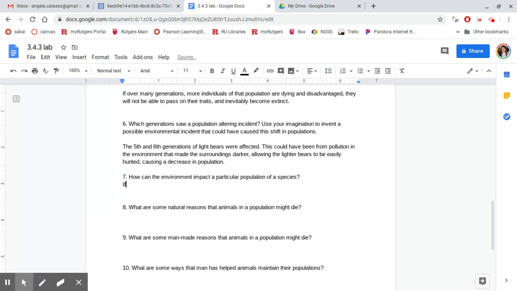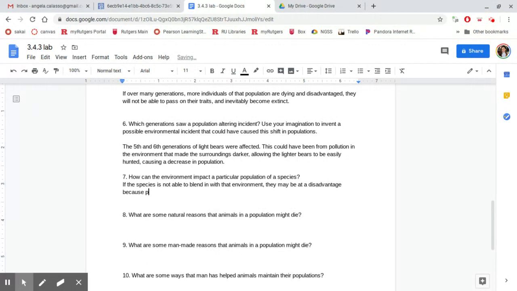So you could say if the species is not able to blend in, they may be at a disadvantage because predators can easily find them.